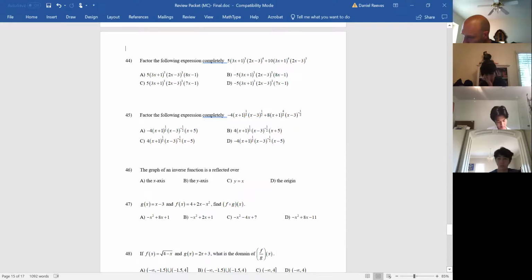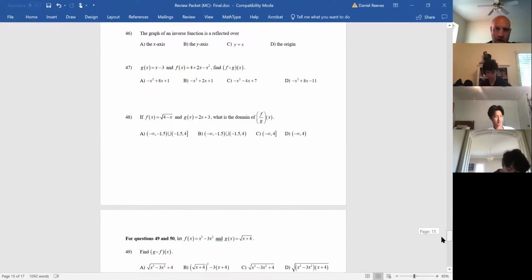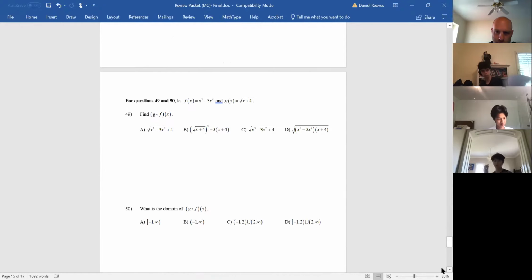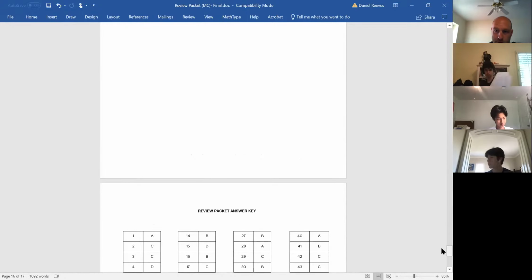I'm sorry, someone's gardener has decided that this is the moment to start things. So in 48, I definitely want to include the word domain, which usually goes right along with range. And I think we are nearing the end here, are we not? We got more composition, and then we have some answers.